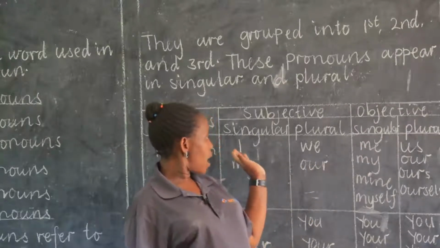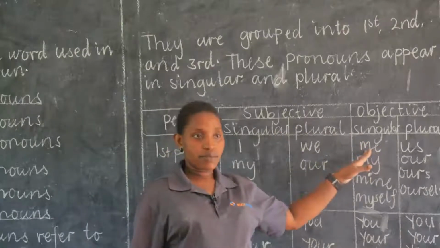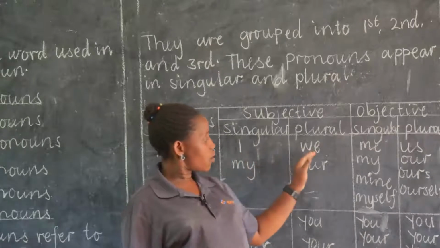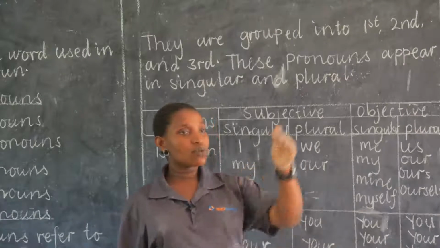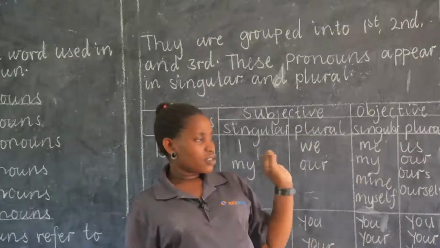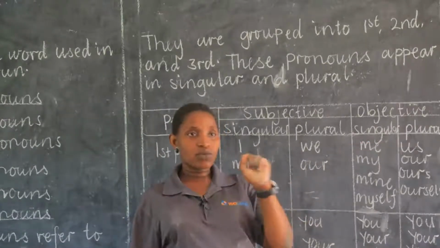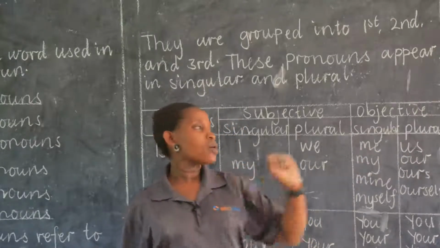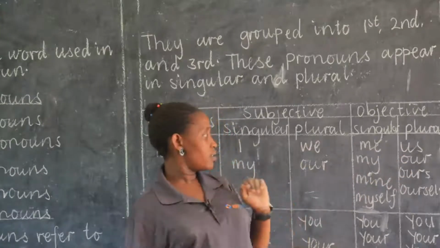When you are looking at I, when it becomes objective, it will be me, singular. Then when we say we in plural as the subject, when it comes to the end, you shall say us. Those people are talking to us. Those chairs belong to us.